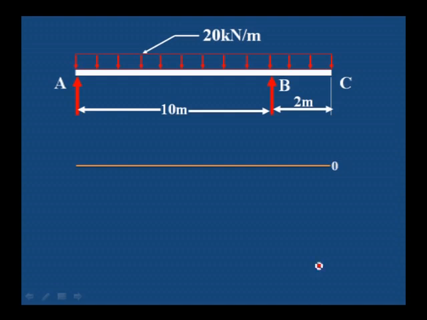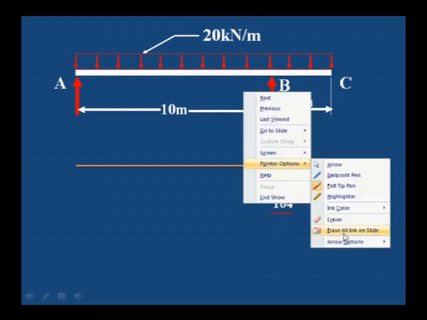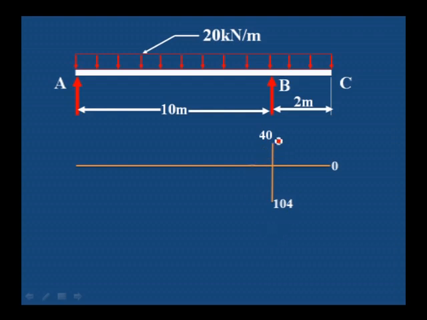Then this is the point where the total load is 144, out of which 104 is the negative value and positive is 40. You have to show the drop equivalent to the 144, and the negative shear force we have calculated is 104.